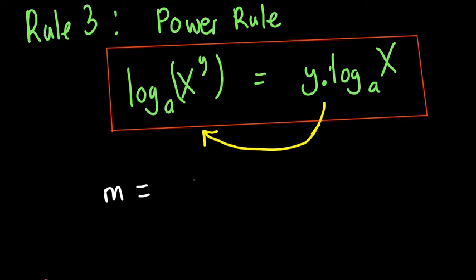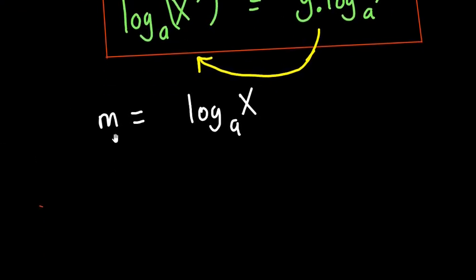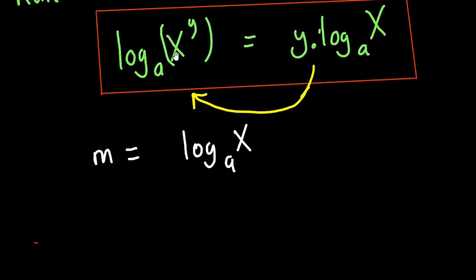So I let m be equal to log x base a. Since on this side we have x to the power y, first we need to find x and then we raise it to the power y. So x moves to this side of the equation, and m becomes a power.